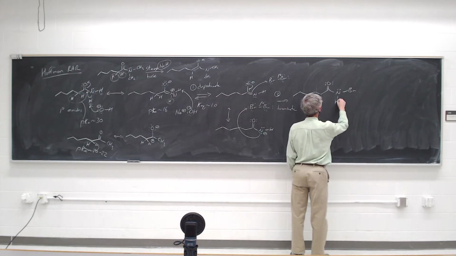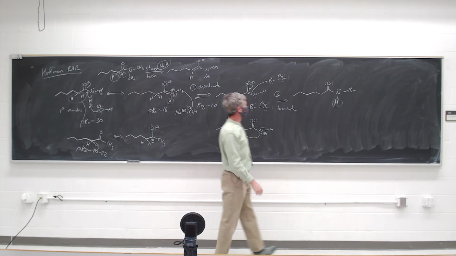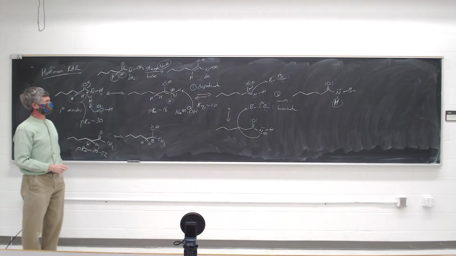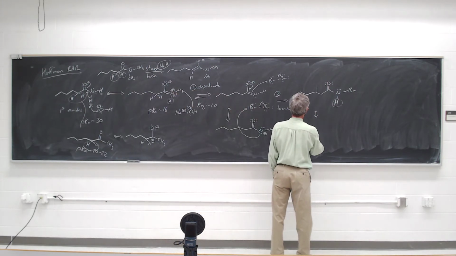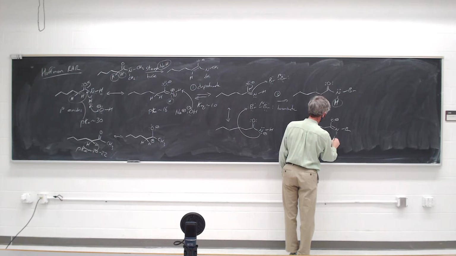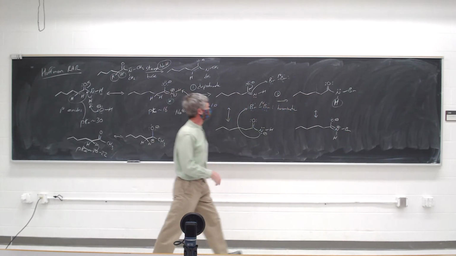Is this hydrogen more or less acidic than the hydrogen in the initial compound? It also has a resonance structure. More, of course, right? More acidic. Why do you say this is more acidic?